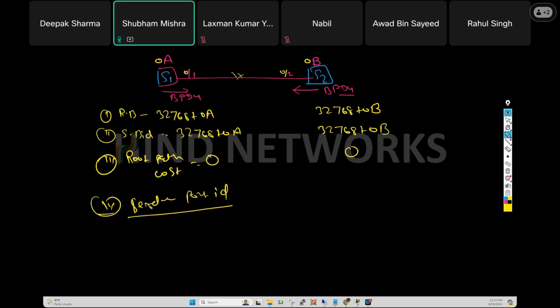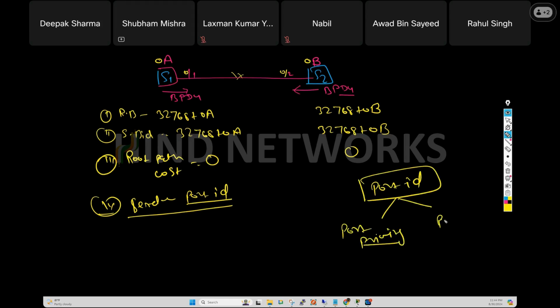But see, focus. What is the sender port ID? Sender port ID means the port ID by which the sender device is sending the BPDU.